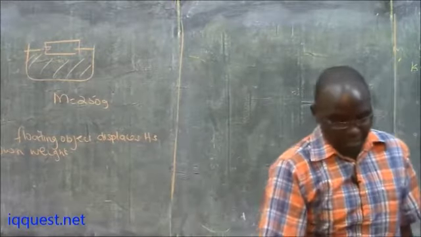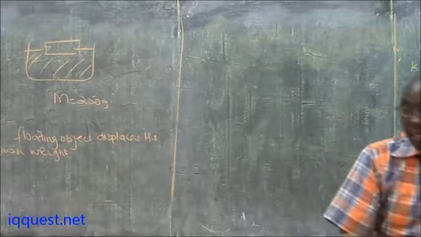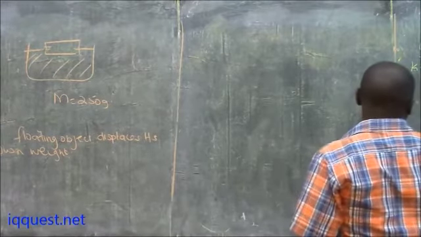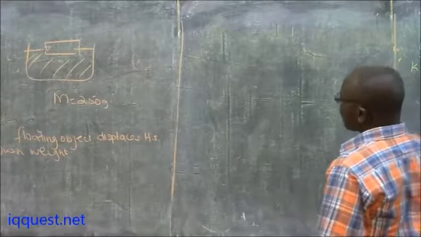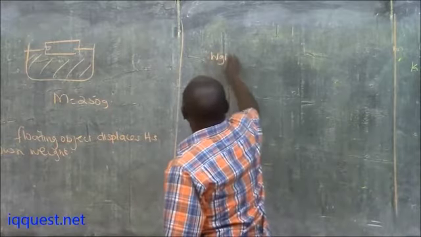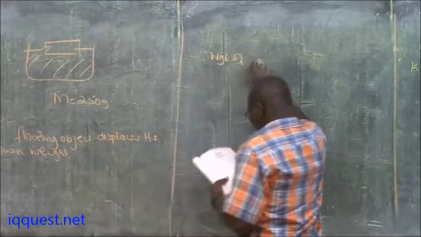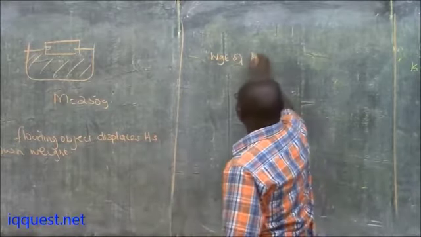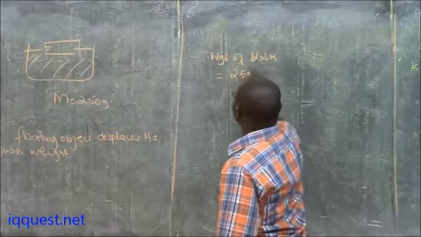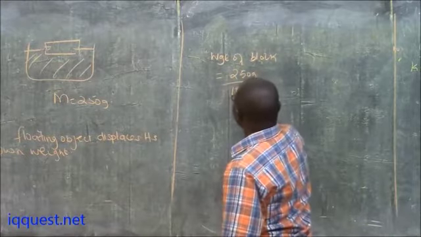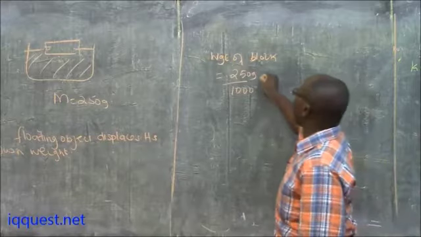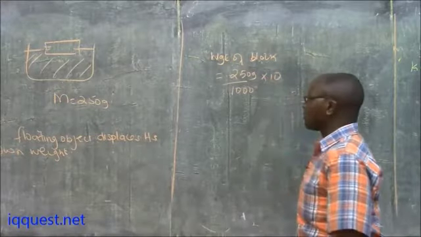So when the glass block is floating, it must displace its own weight, and the weight of the glass block is 250 grams. So the weight of the block is equal to 250 grams. We divide by 1000 to make it into kg. Then we multiply by 10 to make it newtons.